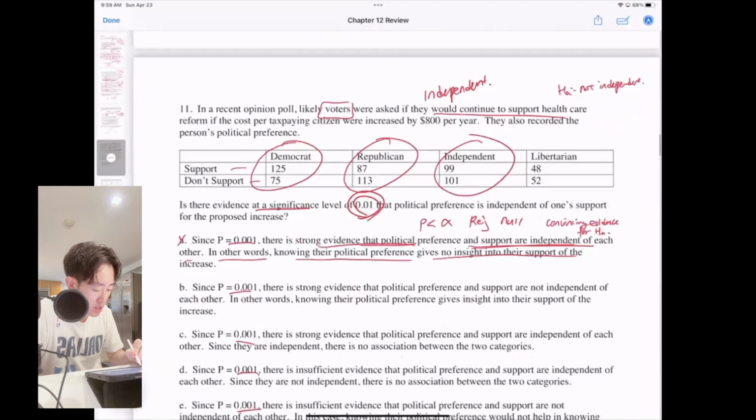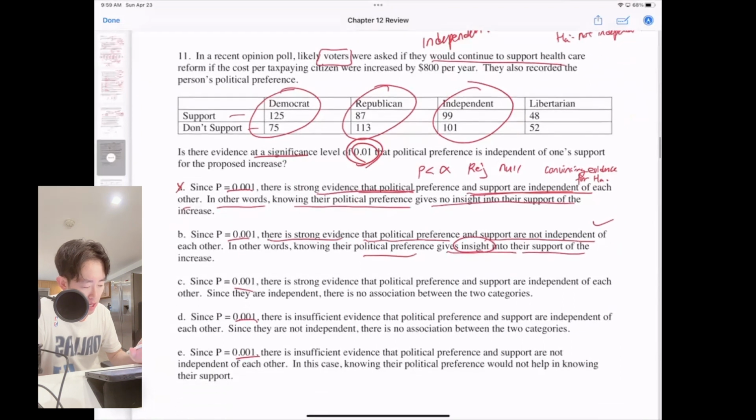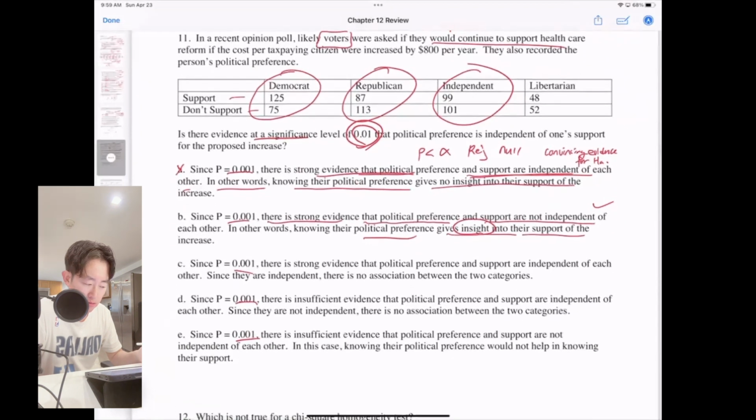There is strong evidence for answer choice B. There's strong evidence that political preference and support are not independent, so that looks good. In other words, knowing their political preference gives insight into their support of the increase.